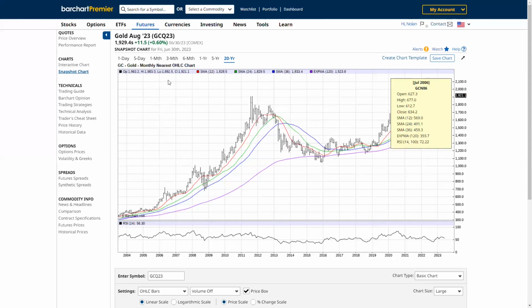Now, again, RSI divergence can be used on longer-term graphs, shorter-term graphs, and intermediate. And I believe it's very effective.